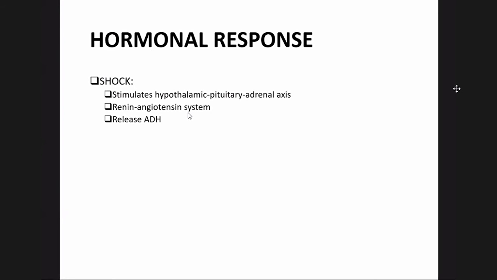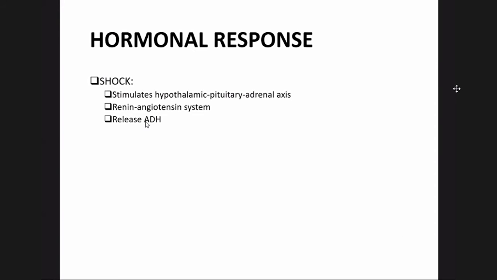RAAS will then release renin, which converts angiotensinogen to angiotensin 1, then there is conversion by ACE to become angiotensin 2, and angiotensin 2 increases BP.